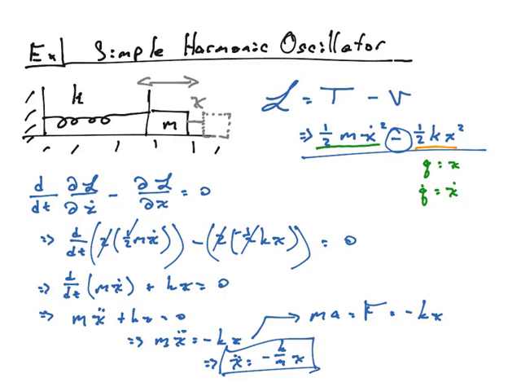Nothing wrong with that. Write down kinetic minus potential, 1/2 mv squared minus 1/2 kx squared, where x dot is the velocity. We then do the Euler-Lagrange equation, the time derivative of the partial of the Lagrangian with respect to x dot, minus the partial with respect to x is equal to 0. And then you go through until you get down to your equation of motion.